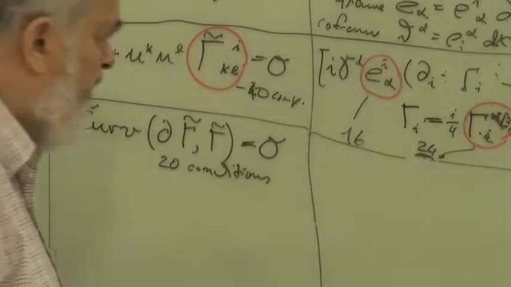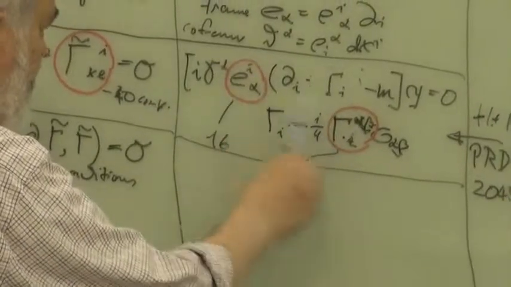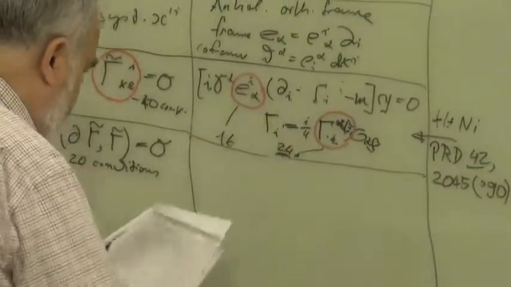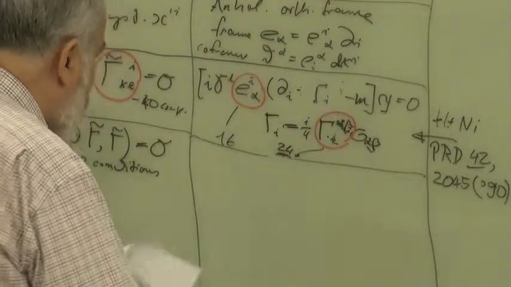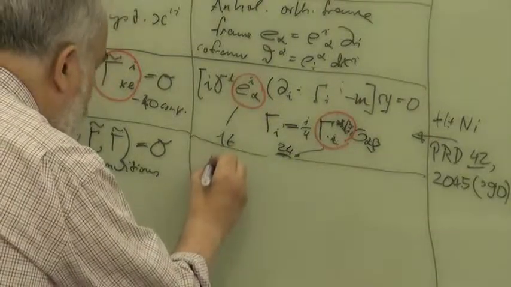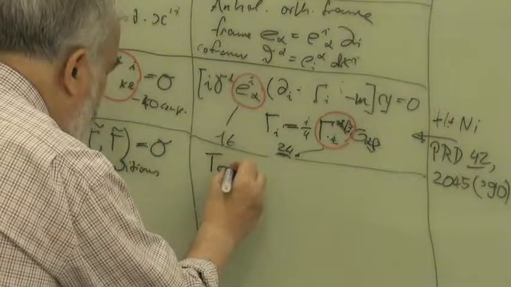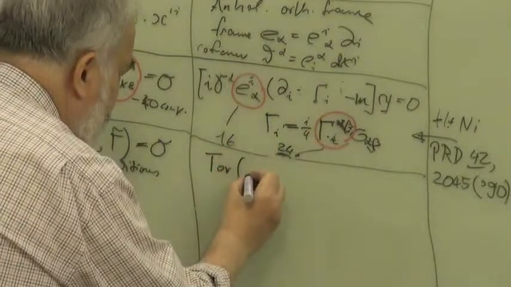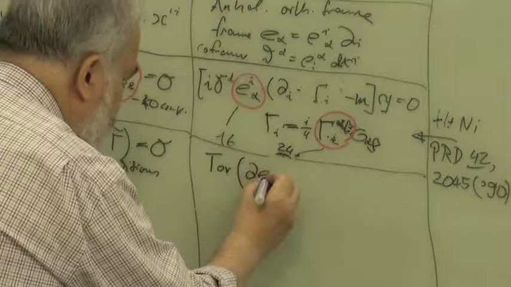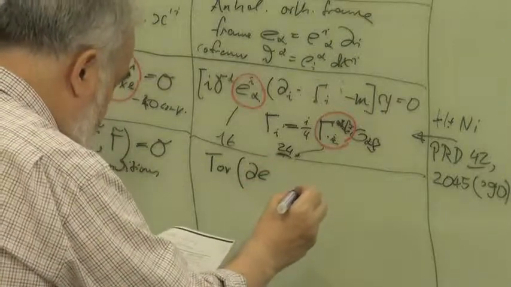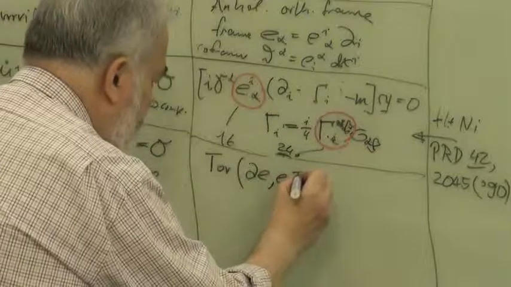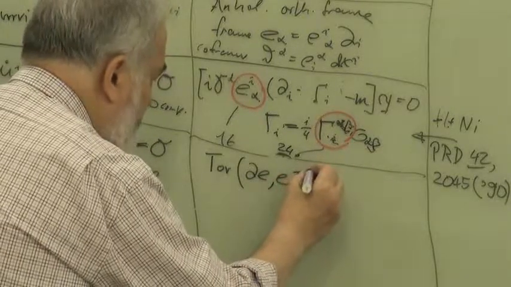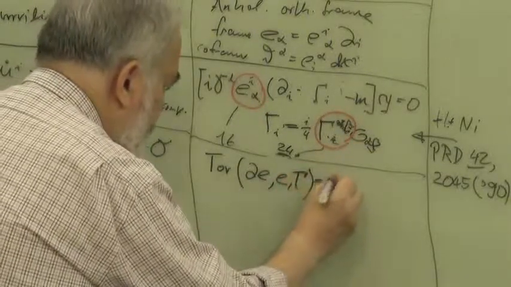And here, of course, this is now a new independent quantity, and you have to have the constraints for both of them. As you learn in geometry, for instance, the constraints are that the torsion, which depends on the first derivative of the e's, and on the e's themselves, and on the gamma, is equal to 0.